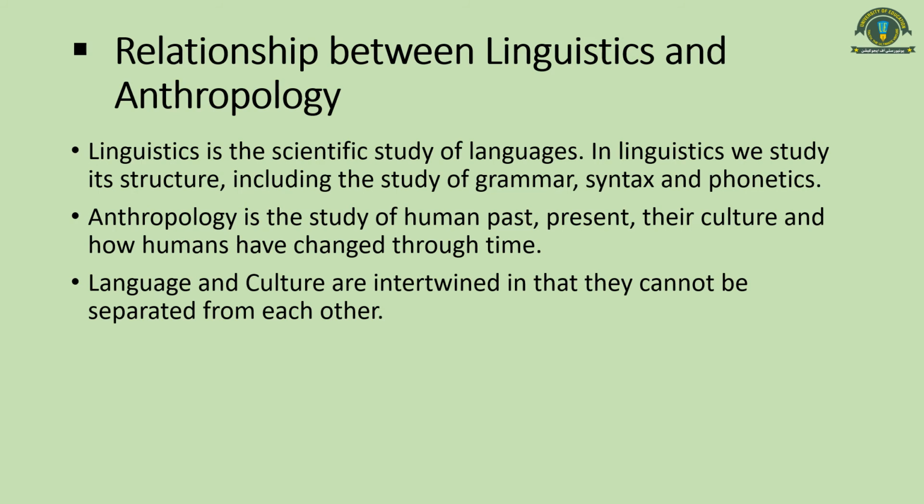When we study linguistics, we deal with all five levels: phonetics and phonology, morphology, syntax, semantics, and then pragmatics as well. Anthropology is the study of the human past, present, their culture, and how humans have changed through time.